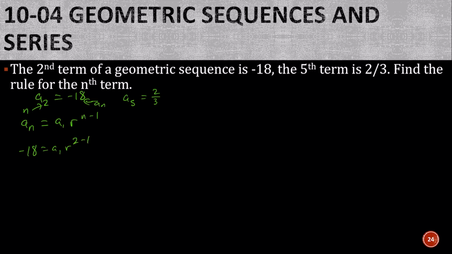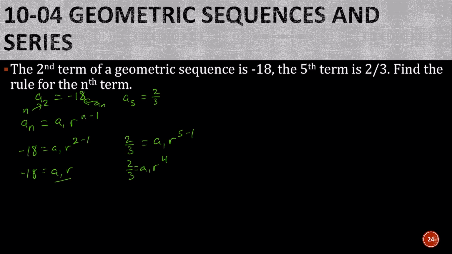N is 2, so that'd be negative 18 is a1 times r to the first. If I plug in my other point, the an is 2/3. Don't know a1, don't know r, but n is 5, so it'd be a1 r to the fourth.